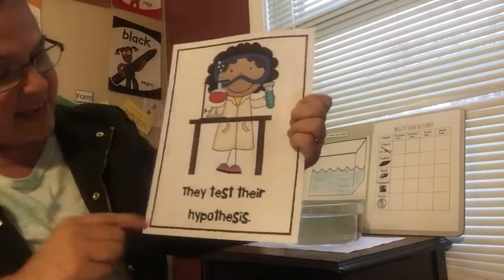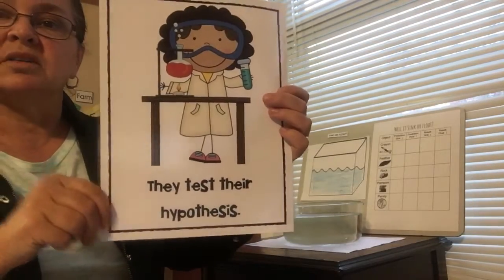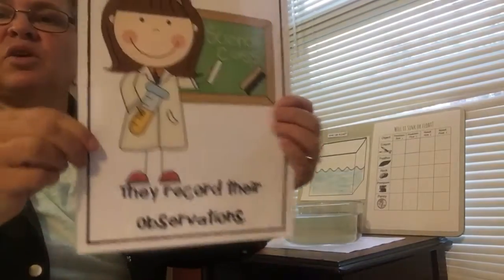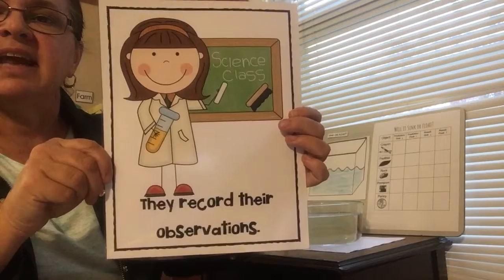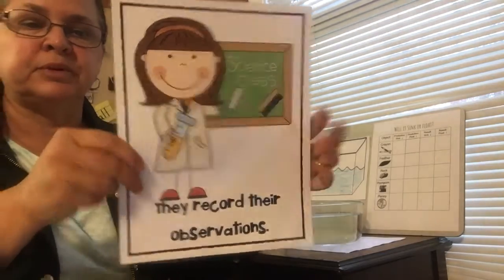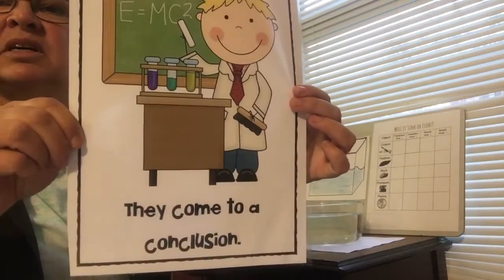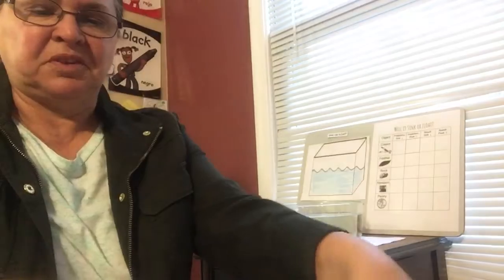Then they test their hypothesis. They put it to work. They try it out. They find out. Then they record their observation. They write down everything they see. Very important. And then they come to a conclusion. They try to get an answer.